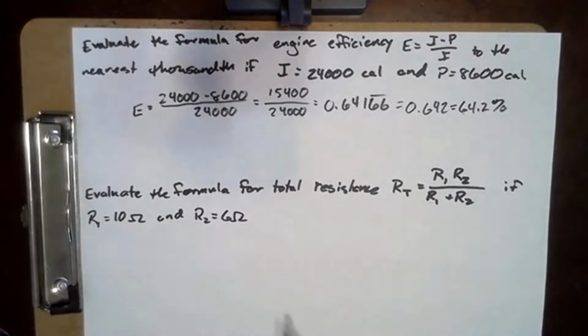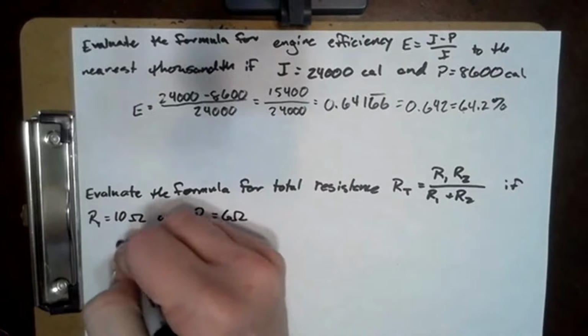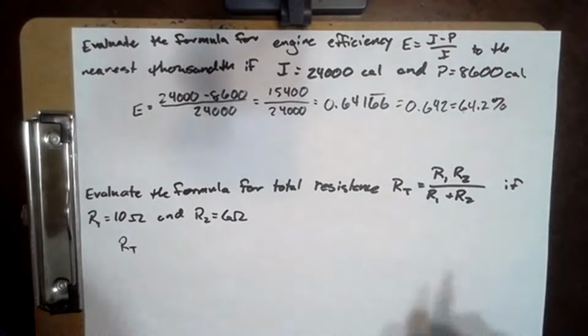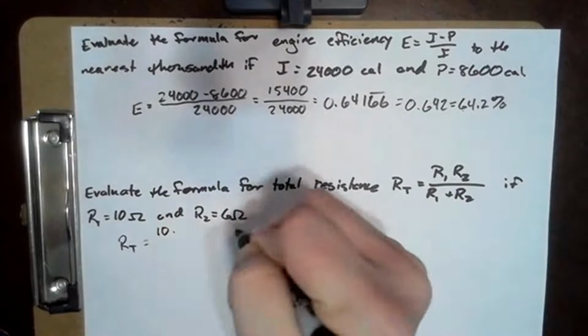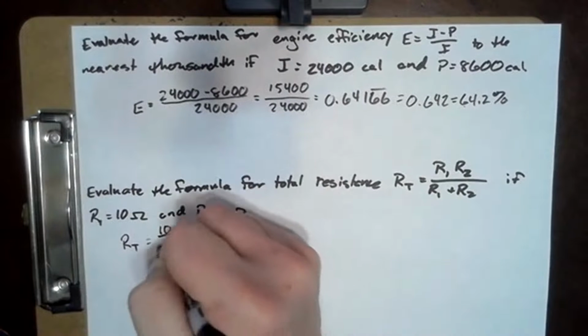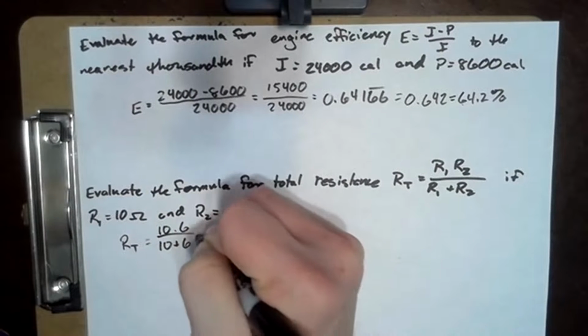Evaluate the formula for total resistance, R sub T equals R1 R2 over R1 plus R2, if R1 is 10 ohms and R2 is 6 ohms. Okay, so R sub T, the total resistance, is equal to 10 times 6 over 10 plus 6.